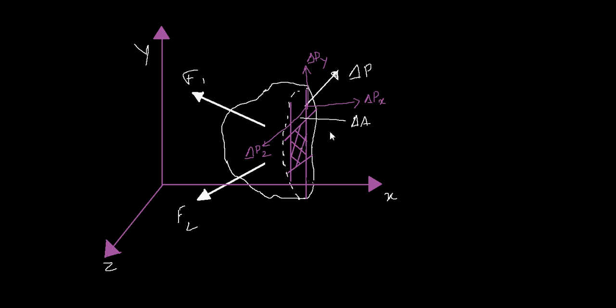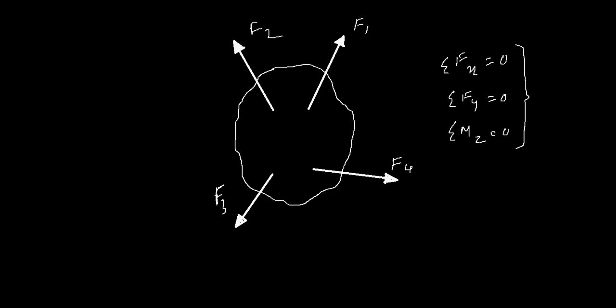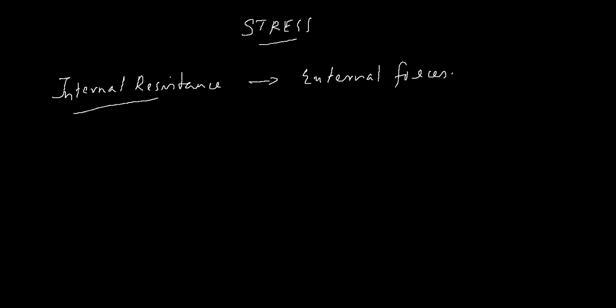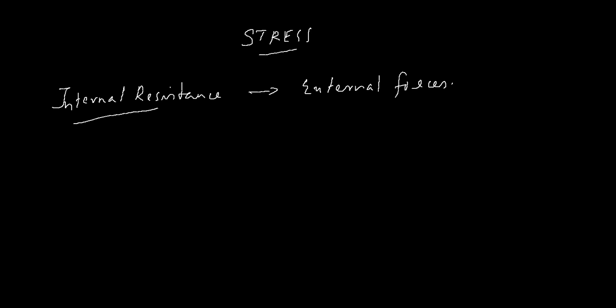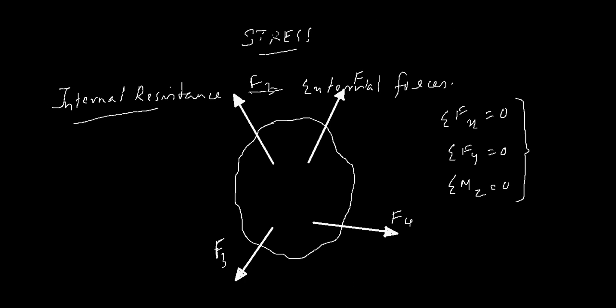From these force components, we can calculate the intensity of force per unit area, and that term is called stress. So going back to our initial discussion, we have defined the internal resistance generated within the body.